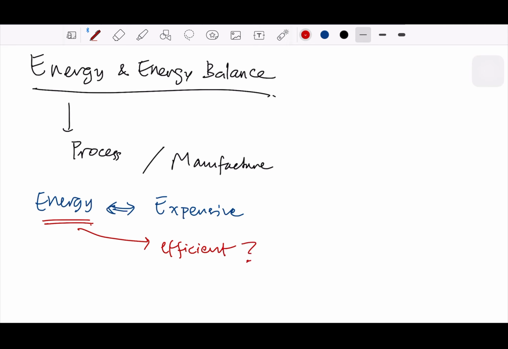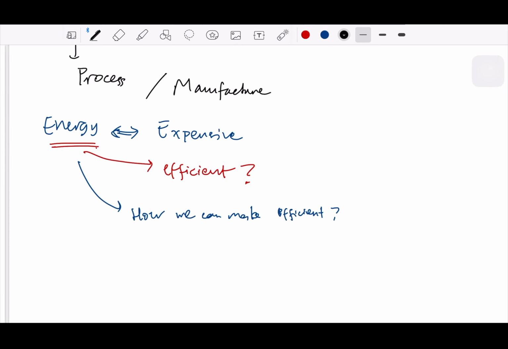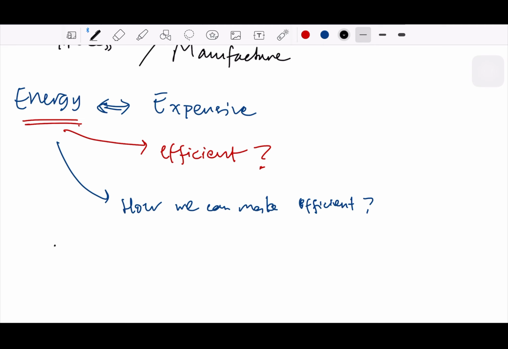How to make energy efficient is our goal. And to know how we can make this efficient, first we need to know the energy balance.